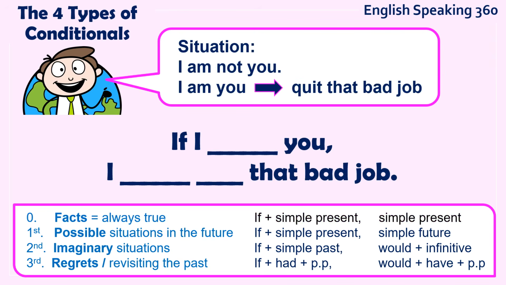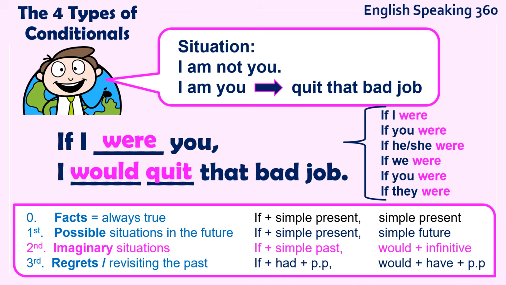Situation, I am not you. I am you. Quit that bad job. It is also an imaginary situation. So if I were you, I would quit that bad job. Now this one is a difficult case, so be careful.